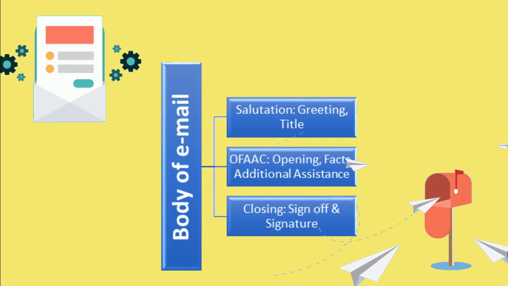Then we move to the main message area, where we write the main content with proper opening sentences. We give facts and then offer additional assistance. In this section, we can have 3 to 4 paragraphs. Finally, we close the email by signing off with a proper closing statement and then our email signature. Now let us look at each of these sections in detail.